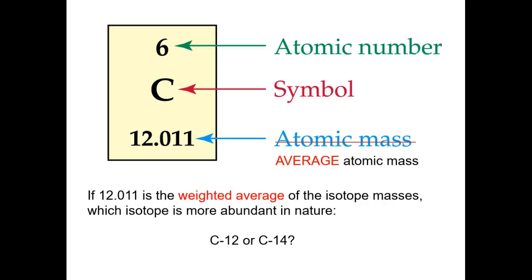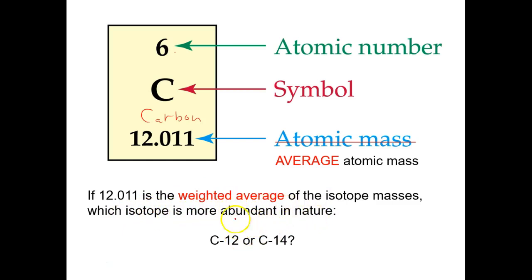That is the same idea as what we're going to be working with in the average atomic mass. So let's refresh our memory about what is on our periodic table. You get the atomic number, the symbol. This would be carbon, and it has an average atomic mass of 12.011. It is a weighted average of all the isotope masses that appear in nature.